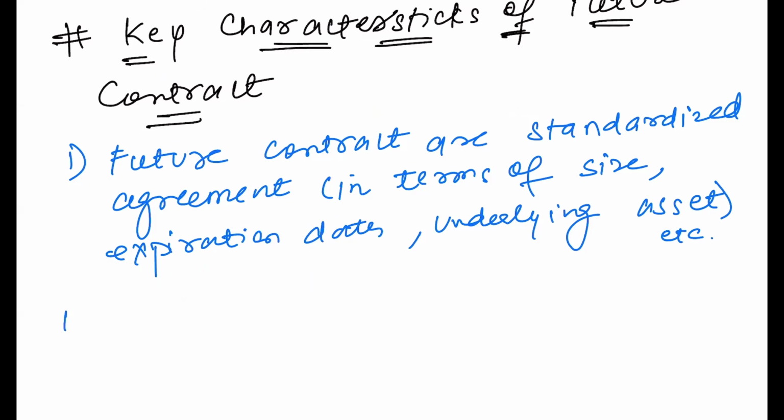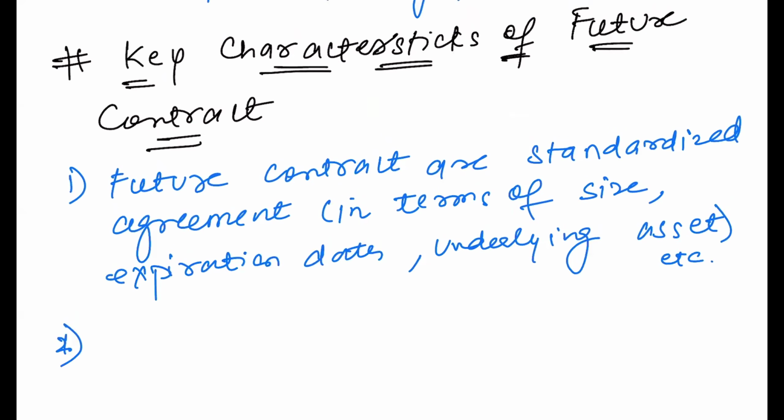Second, a clearing house acts as an intermediary between a buyer and a seller, guaranteeing the performance of the future contract. Since it's traded at the exchange, all the properties of an exchange are being used here.